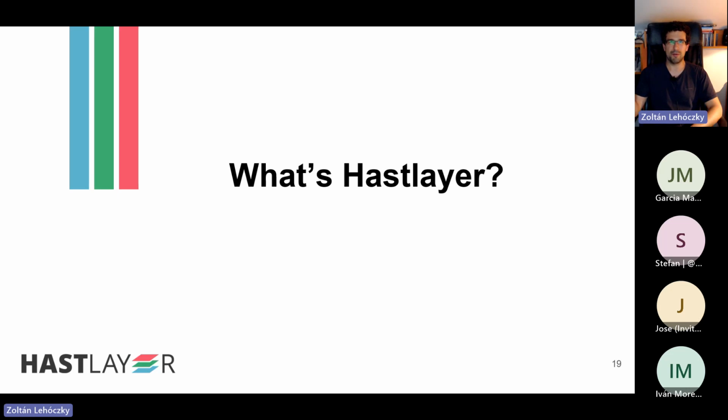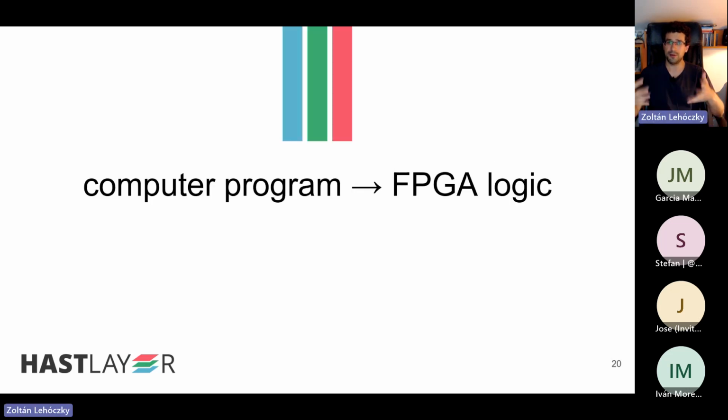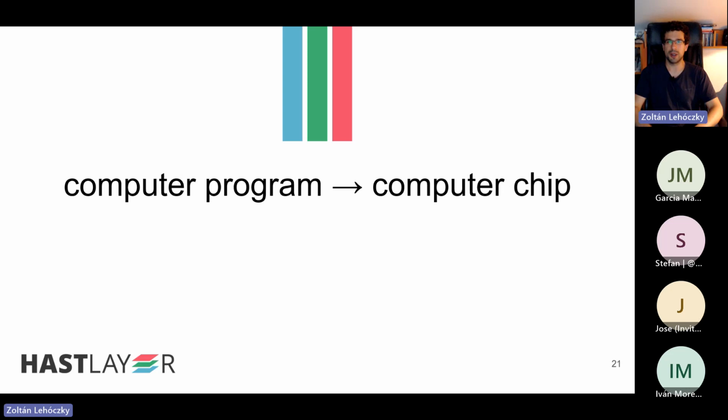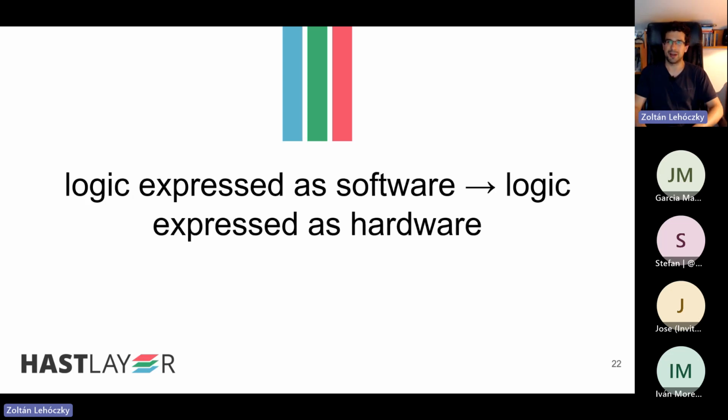Speaking of which, what is actually Hastlayer? This magical thing that allows us to develop for FPGAs. Hastlayer is basically a tool that takes a computer program and turns it into equivalent FPGA logic. Or we could also say that it takes a computer program and creates an equivalent computer chip, hence our tagline.